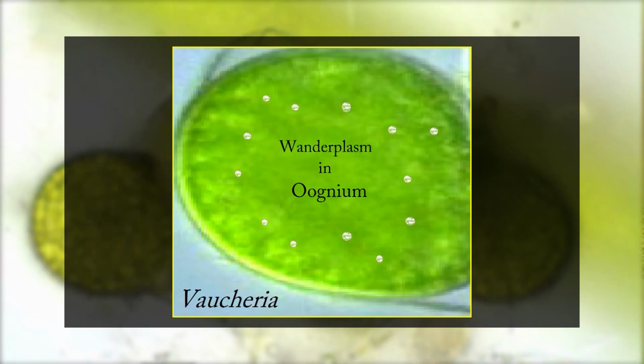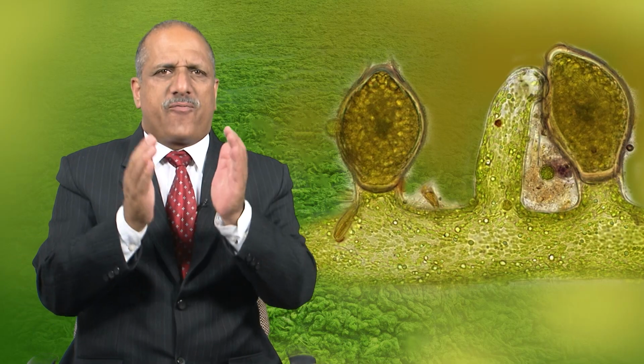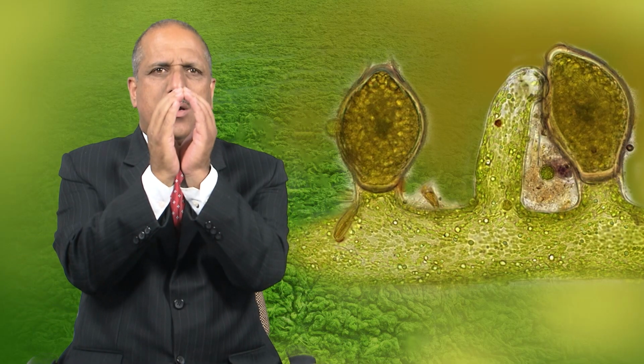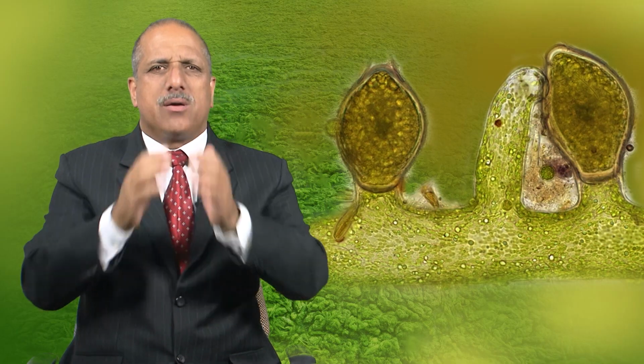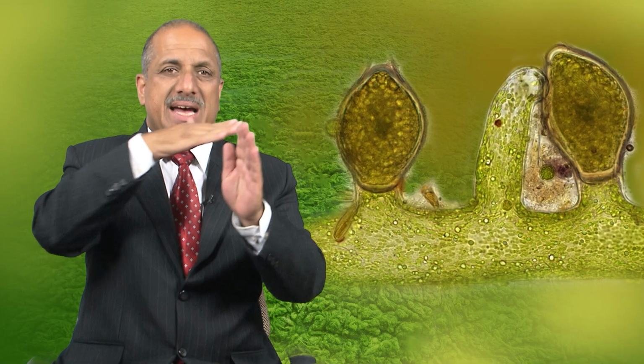The dense multinucleated mass of cytoplasm thus formed is called wanderplasm. It gradually increases in size and forms an ovoid or a rounded oogonium. The oogonium is separated from the subtending filament by a septum.